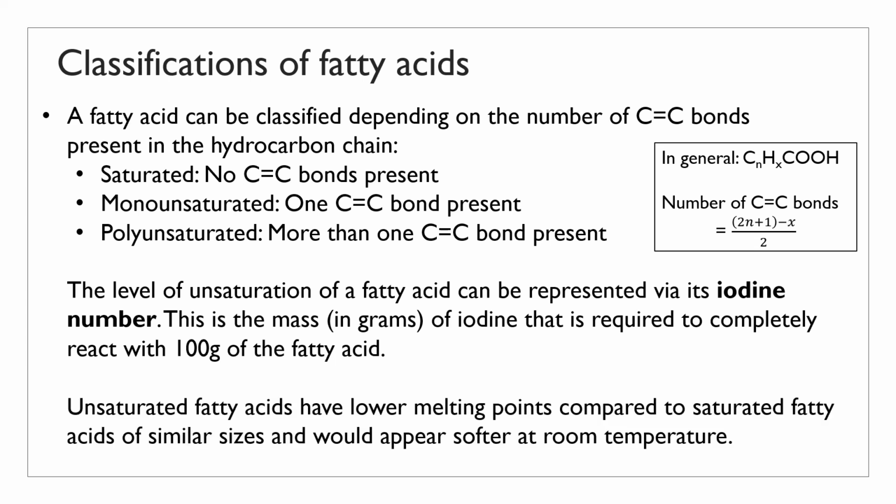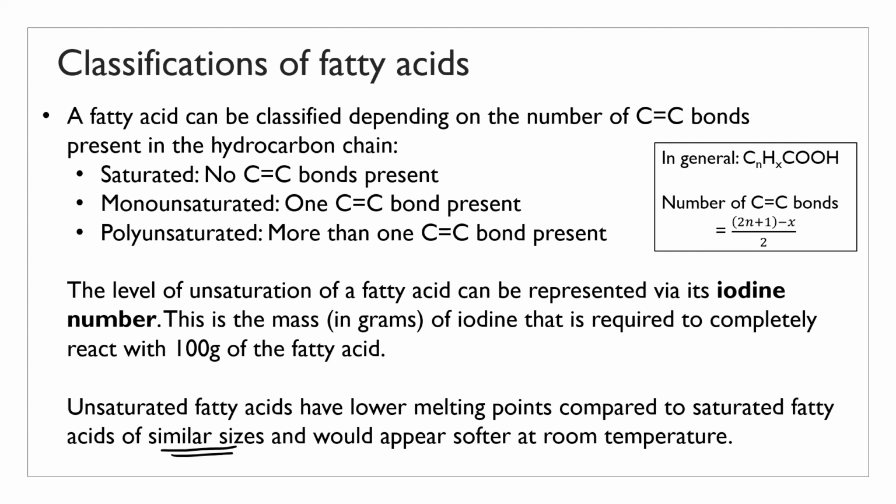And then the last level, actually no, this is not the last. This is still part of the first classification. Another consequence of unsaturation is that unsaturated fatty acids, similar to unsaturated hydrocarbons, would have lower melting points in general compared to the saturated versions of similar sizes.